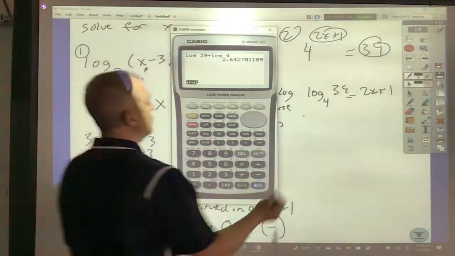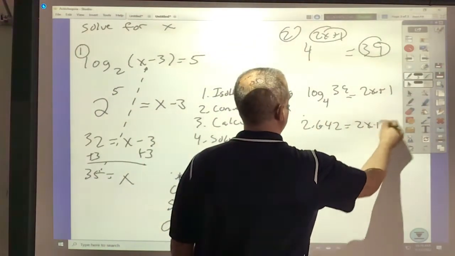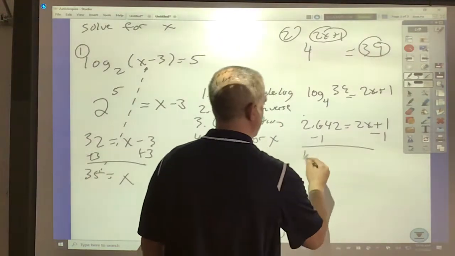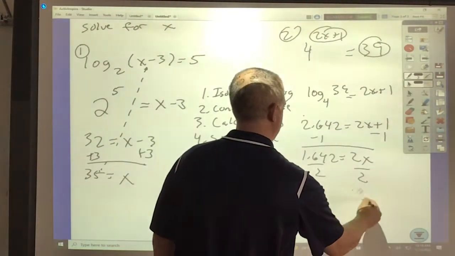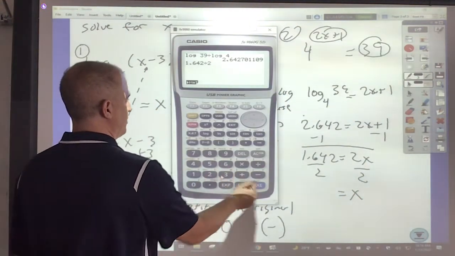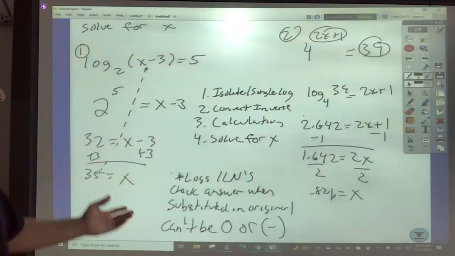All right, so I get 2.642 equals 2x plus 1. And so now I just got to solve. Subtract 1, that's going to be 1.642, and then divide by 2. So 1.642 divided by 2 is 0.821. Okay? And that's how you do those.